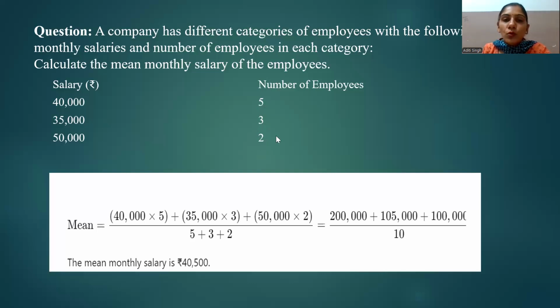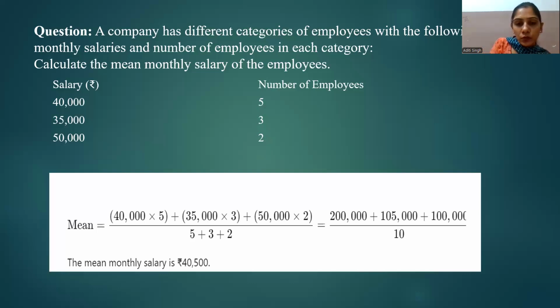After that, there are a total of 2 employees who are getting the salary of 50,000, so we have to multiply 50,000 by 2. By doing this process, we will get the total salary of all 10 employees. So for calculating the monthly salary of all the employees, we have to do this procedure.